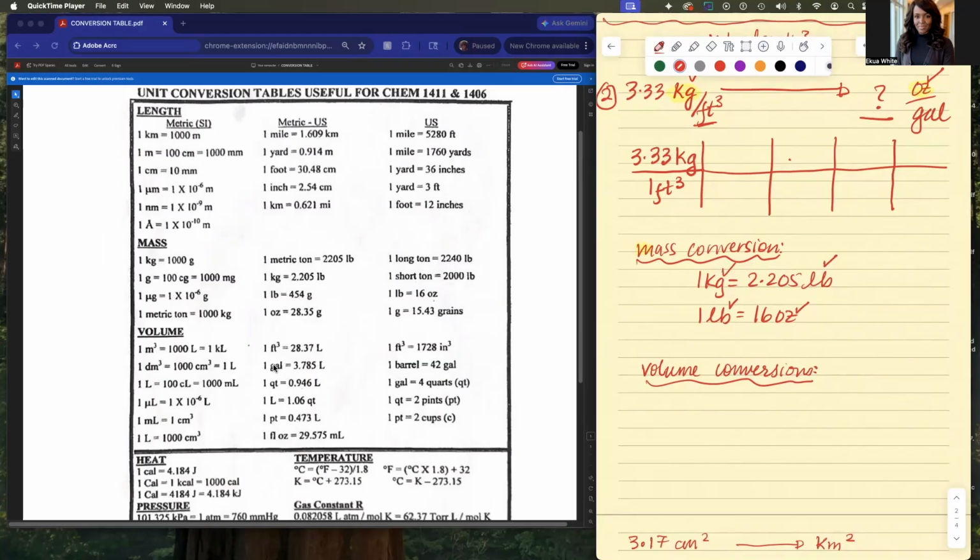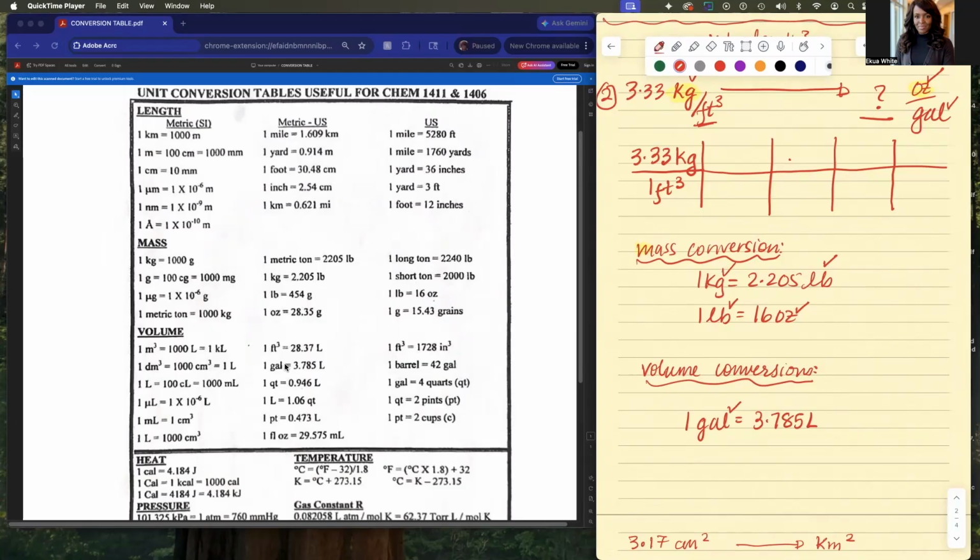I see a gallon here. I see a gallon here. I see gallons. So far, I've seen 3 different gallons, and neither of them has feet cubed. But the second row in the middle has 1 gallon equal 3.785 liters, right? So gallon will go with the denominator of our desired unit.